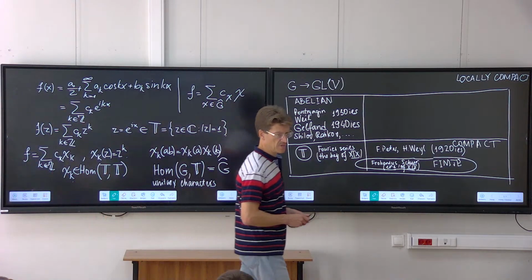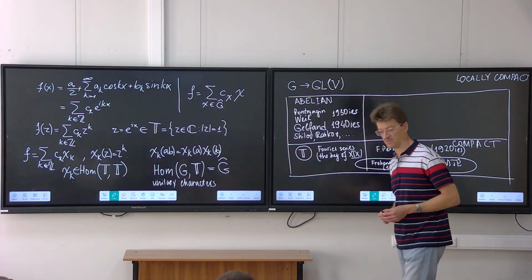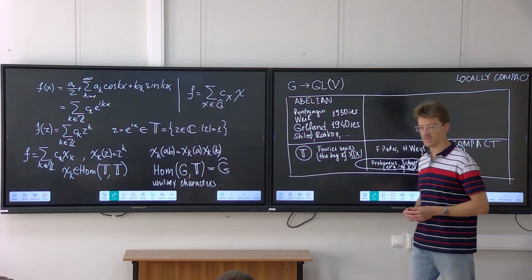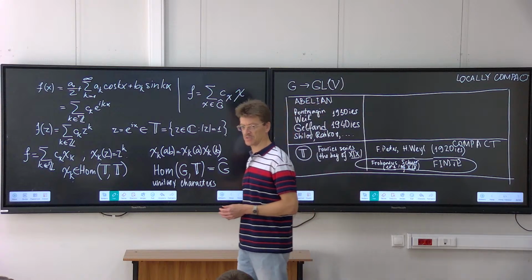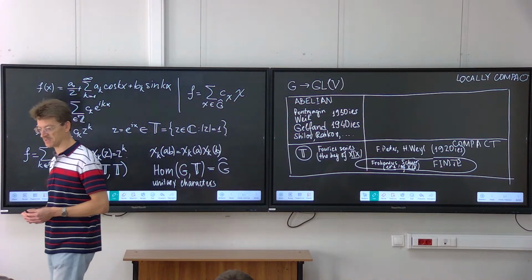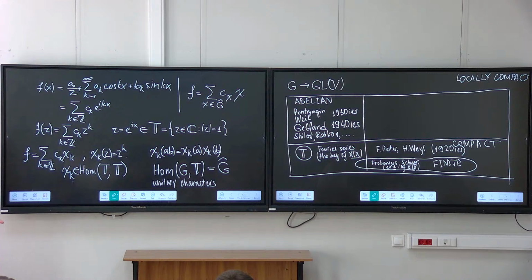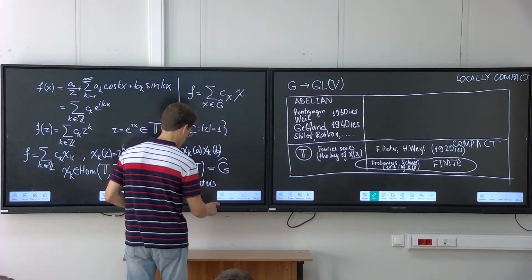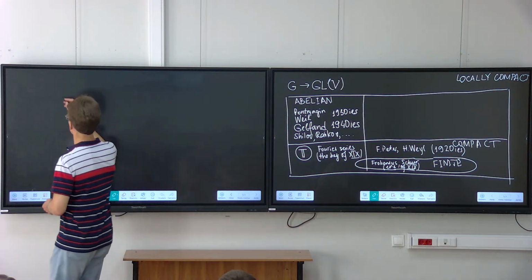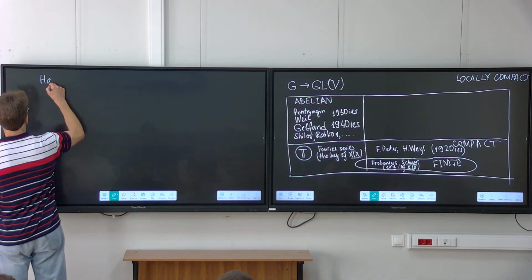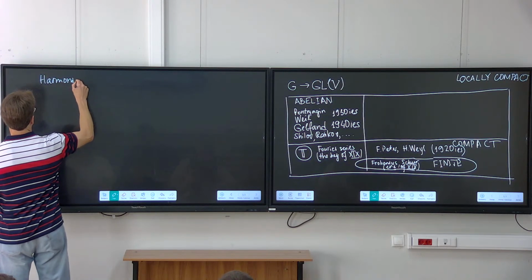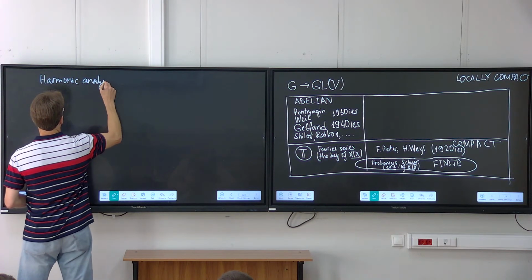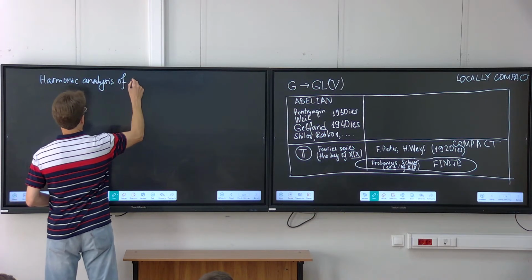The first lecture will be about a toy example of harmonic analysis, namely about harmonic analysis on a finite abelian group. This special case is very simple, but at the same time, it already illustrates some basic principles of harmonic analysis.